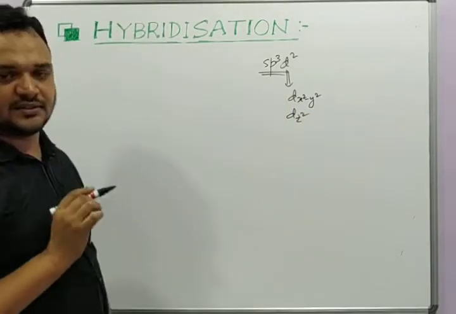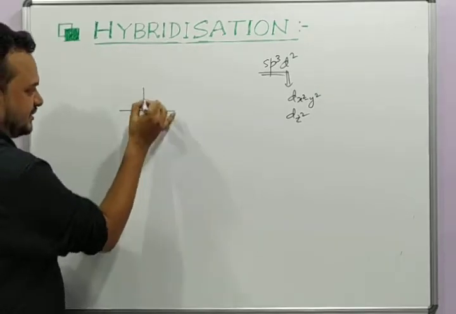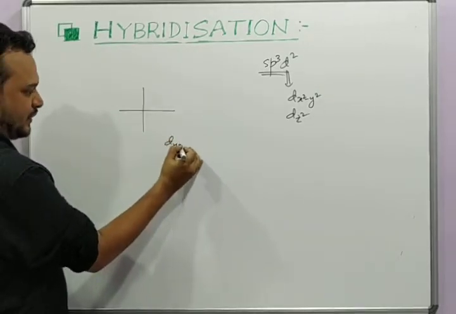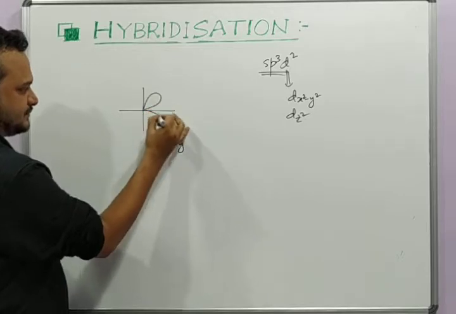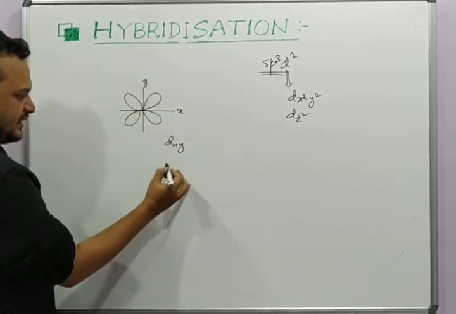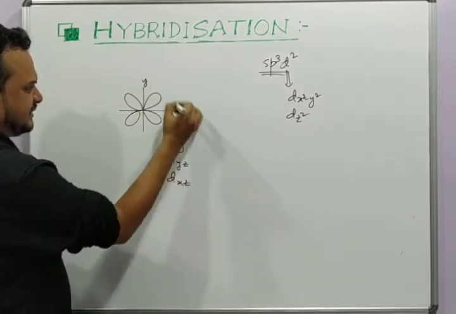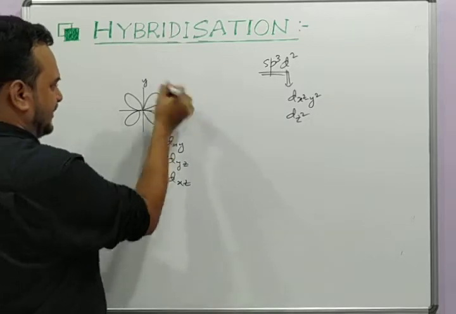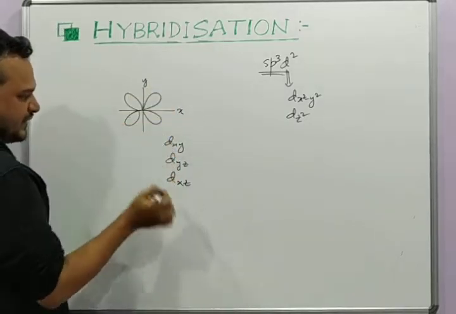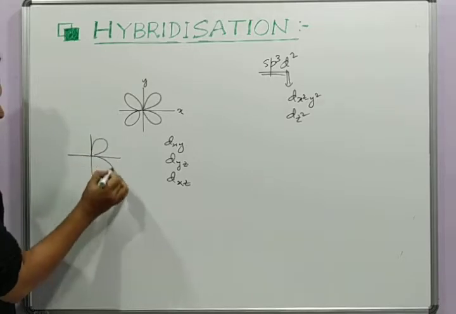Just see the orientation of the 5 d orbitals in 3-dimensional space. If I take dxy, it looks like this, right? Similarly, dyz and dxz, you just change the axes, xy, xz and yz, and you will get these 3 orbitals. What is the common thing of these 3 d orbitals?